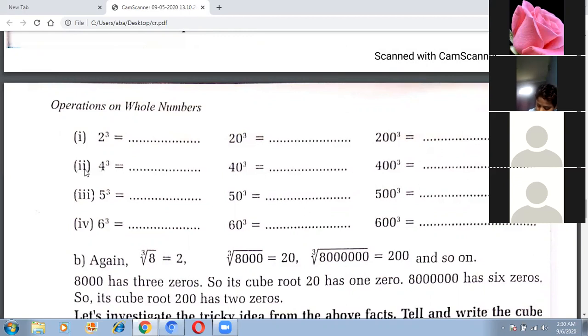Okay. 4 cube. What is the cube of 4? 4 into 4 into 4? 64. Yes. What is the cube of 40 now?